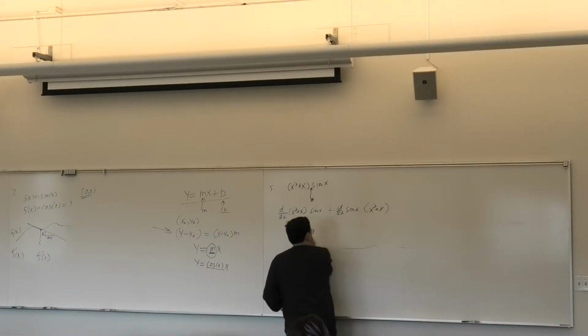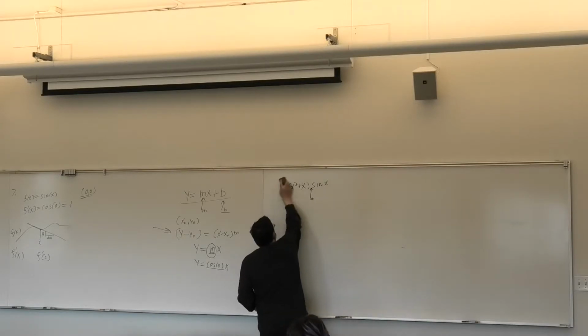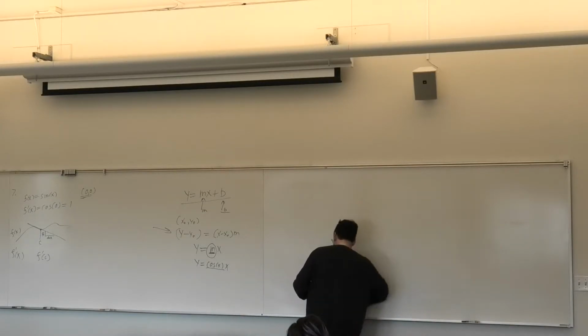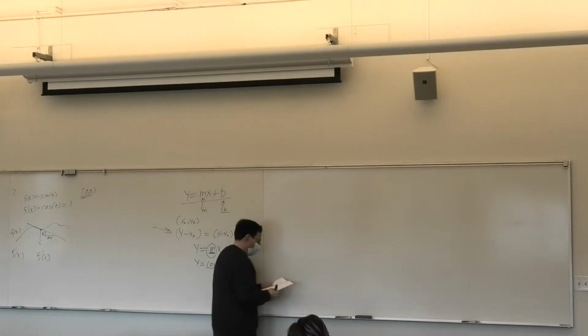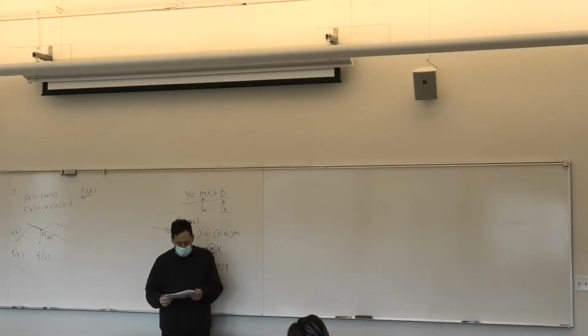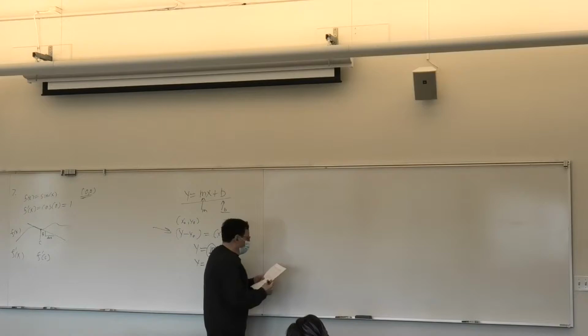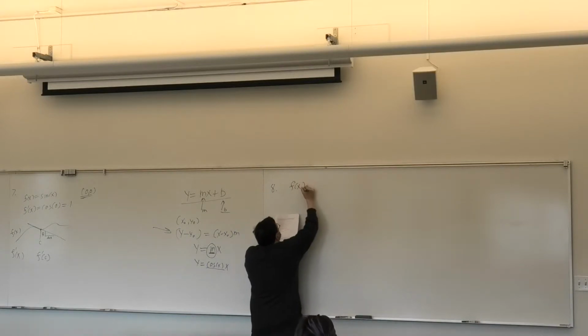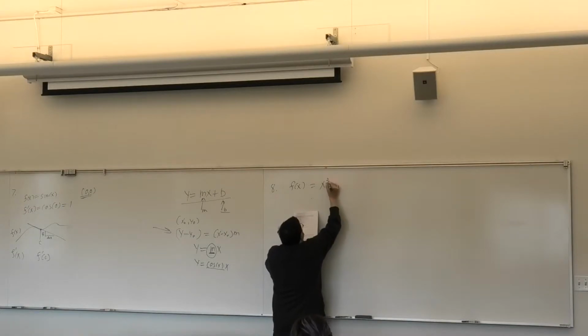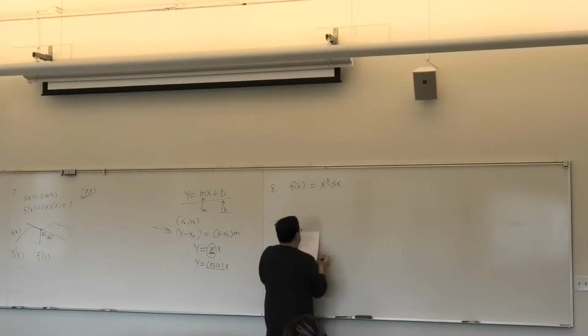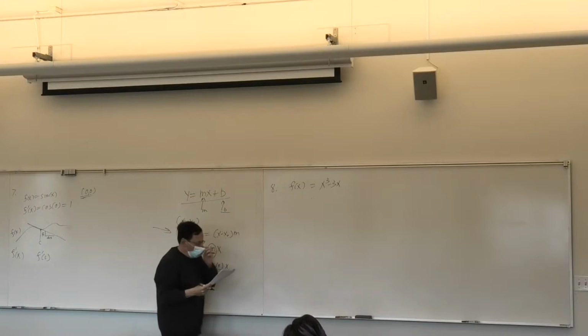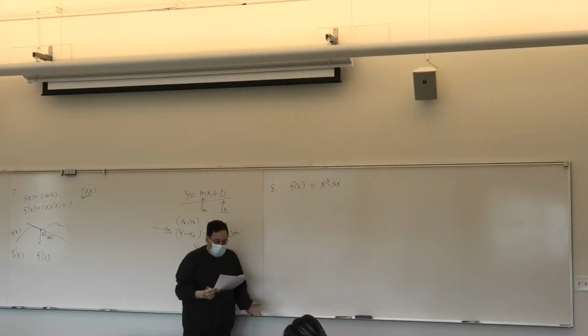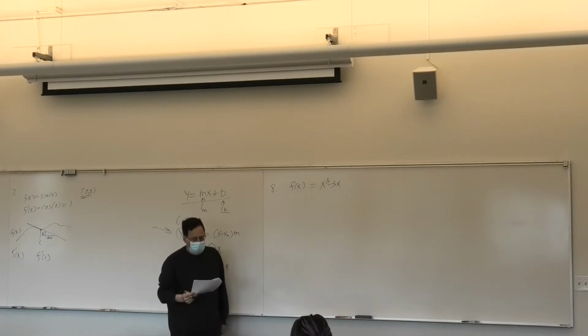Now we get into things that were the central point of the second part of the class. Number 8 says we have a function x cubed minus 3x, and I don't even leave it to chance. I say use the first derivative test to show on what intervals the function is increasing or decreasing.